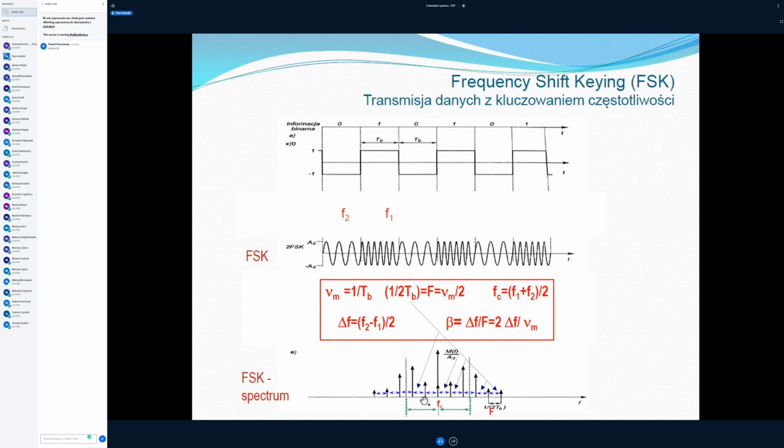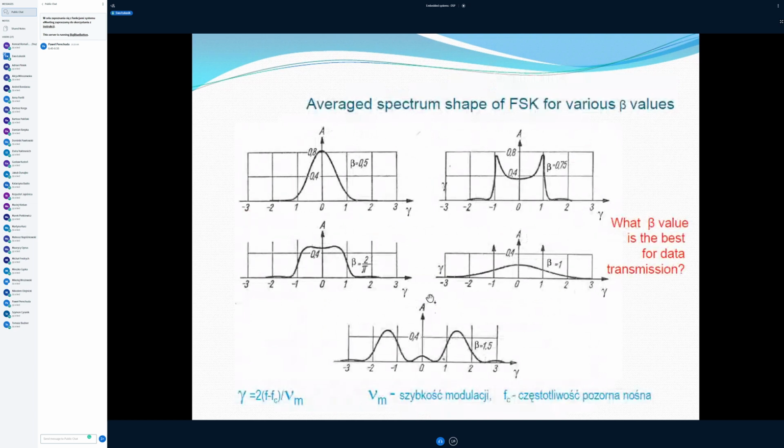So if we have such an example like here, this one, look, this is a change in the units in the axis, because we have here delta f divided by modulation rate.